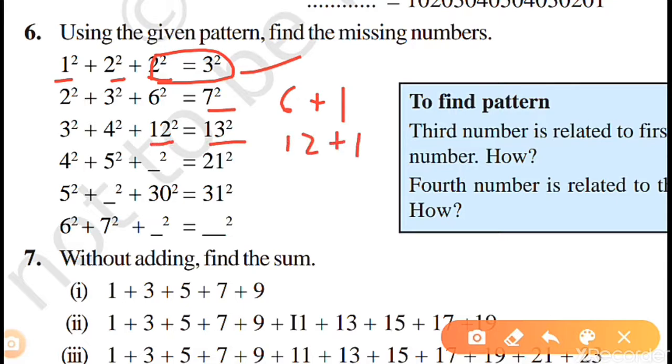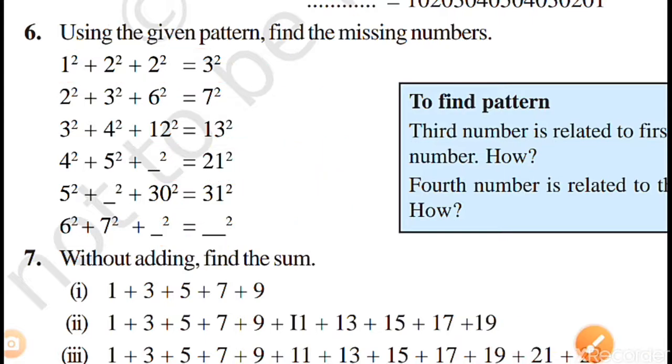Similarly, this number will be 20 plus 1. If it is 42 square, then it will be 42 plus 1, that is 43 square. So in this way you can calculate question number 6 and fill the required digits in each place.